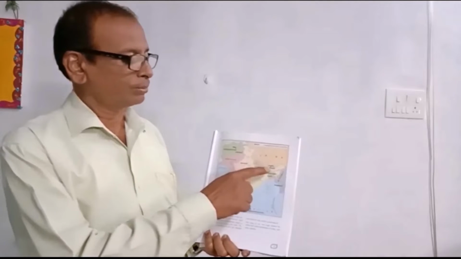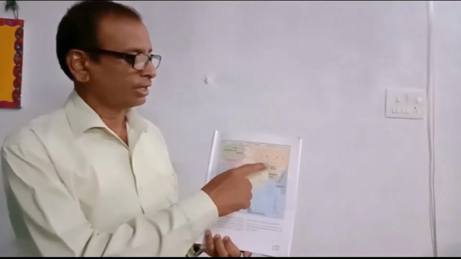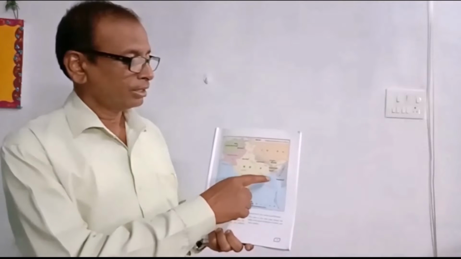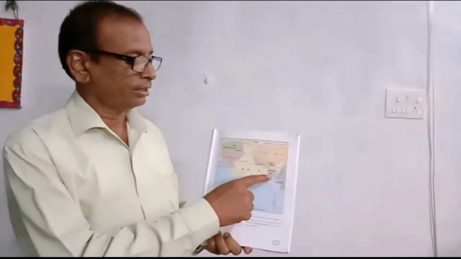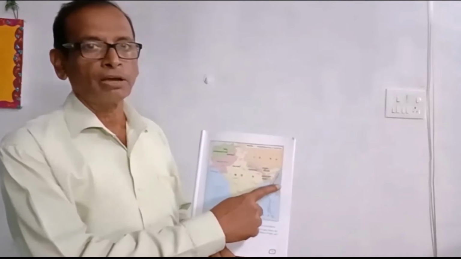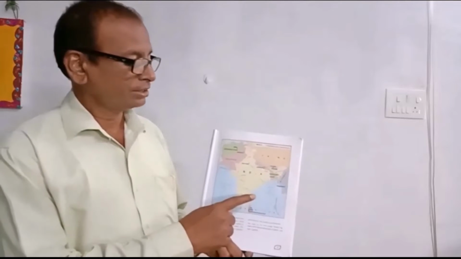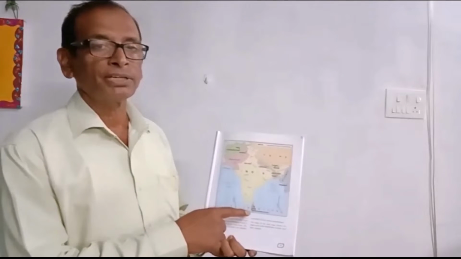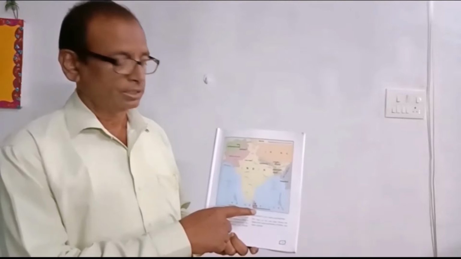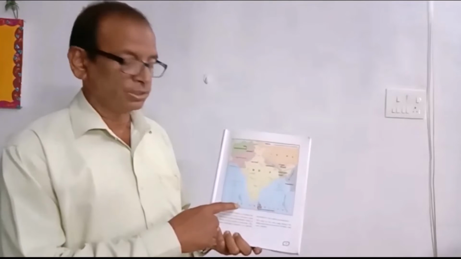Nepal and Bhutan both lie on the northern side of India. In the eastern side of India, Bangladesh and Myanmar countries are there. Southern side of India, in the ocean waters, Sri Lanka and Maldives are there.